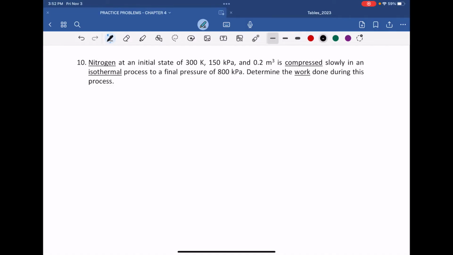So simply, instead of P, we write it out, so this is again an isothermal process.